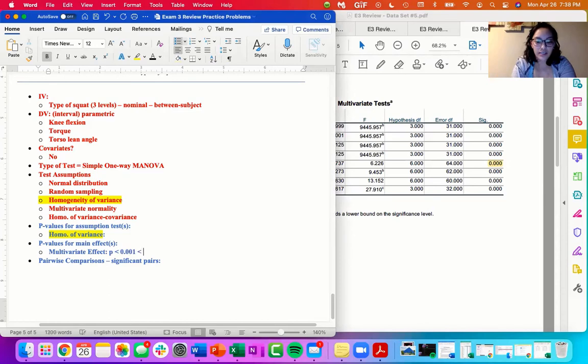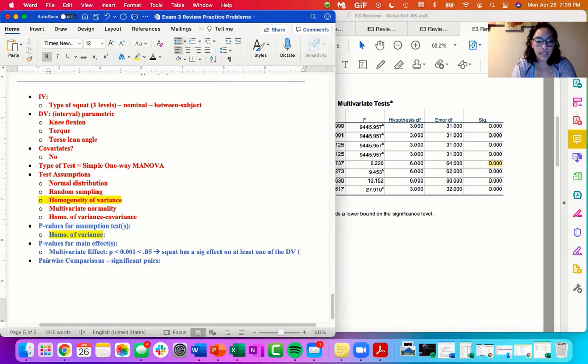Okay. So our multivariate test is showing us that, what are the variables again? Type of squat. Squat has a significant effect on at least one of the dependent variables.